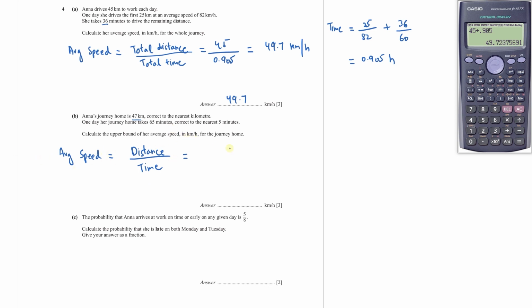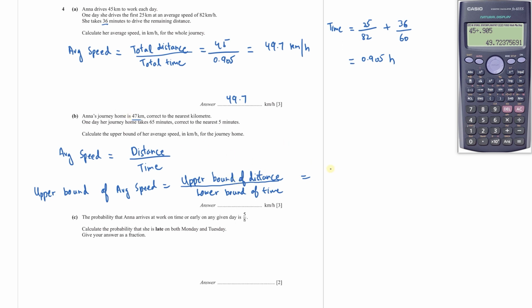So the upper bound of average speed will be the upper bound of distance divided by the lower bound of time, because I'm trying to decrease the value in the denominator. So what is the upper bound of distance?